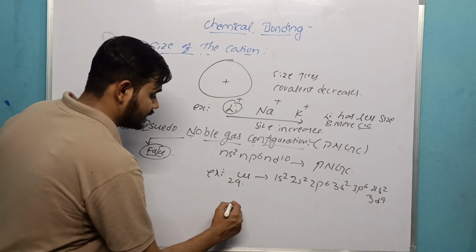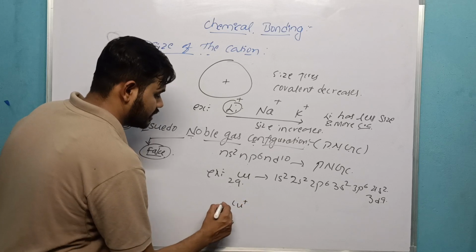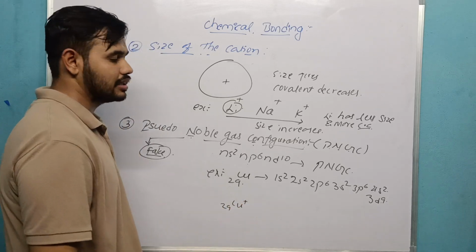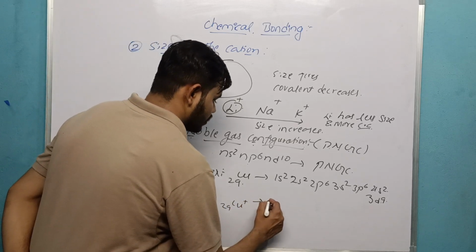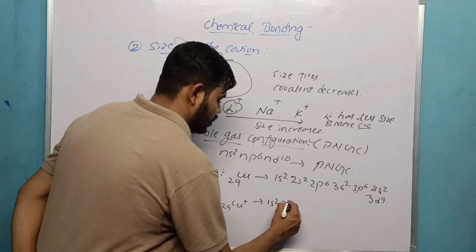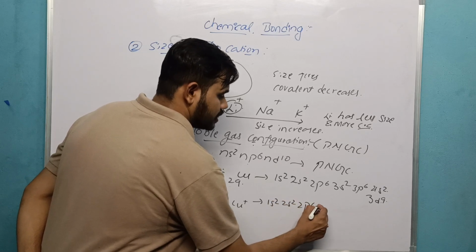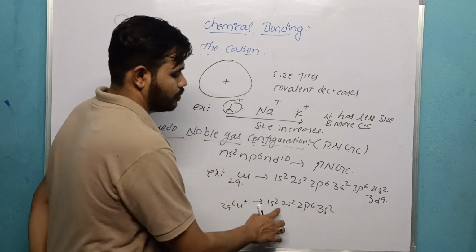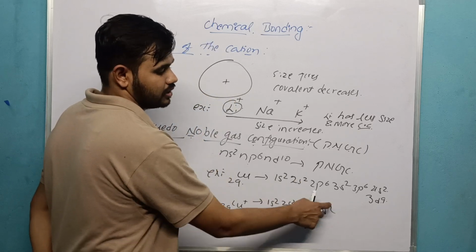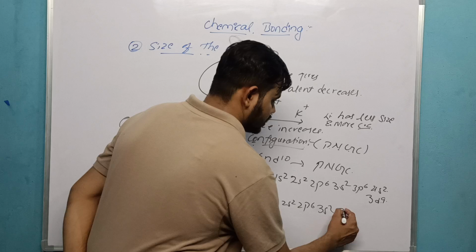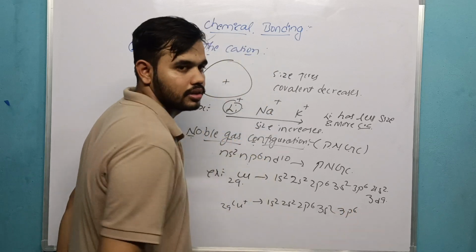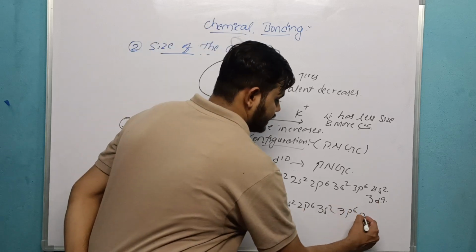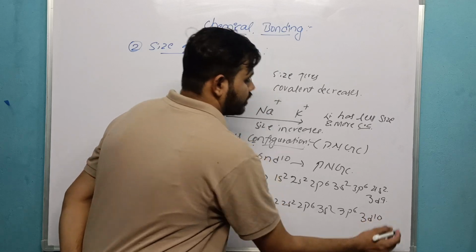While coming to the excited state, one electron will jump to the d shell. The electronic configuration will be 1s2, 2s2, 2p6, 3s2, 3p6, 3d10.